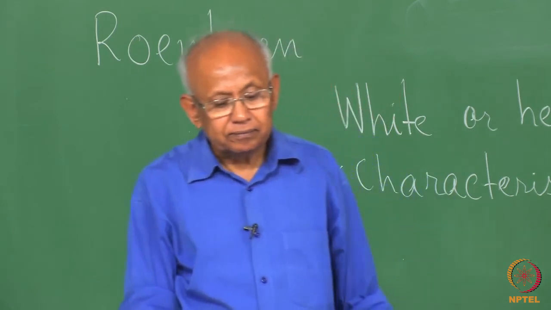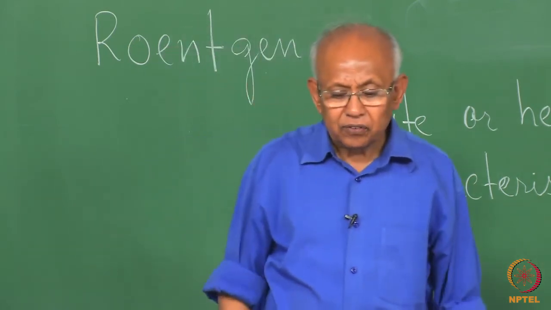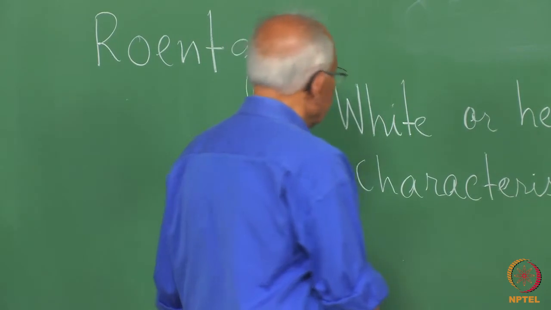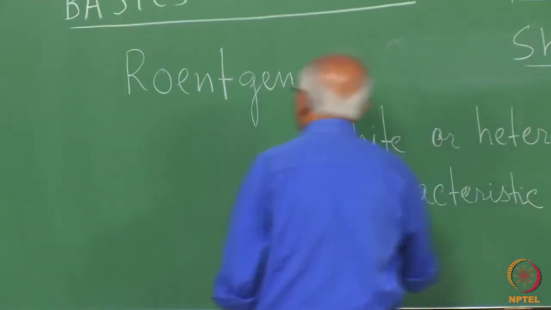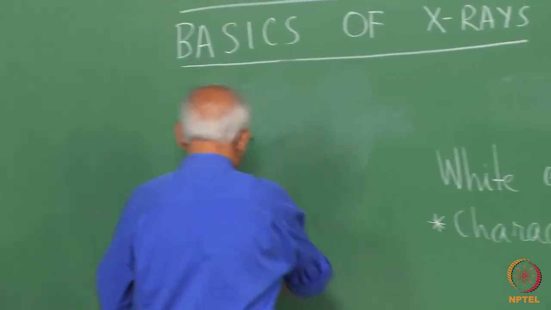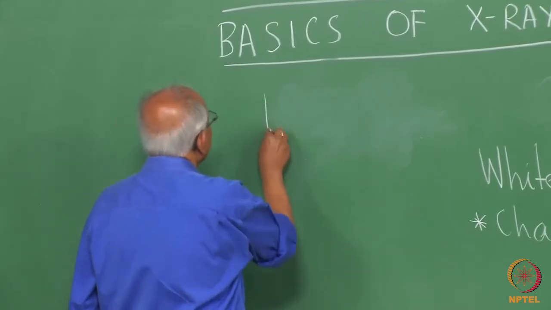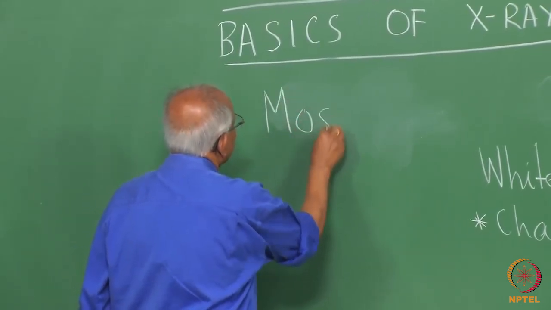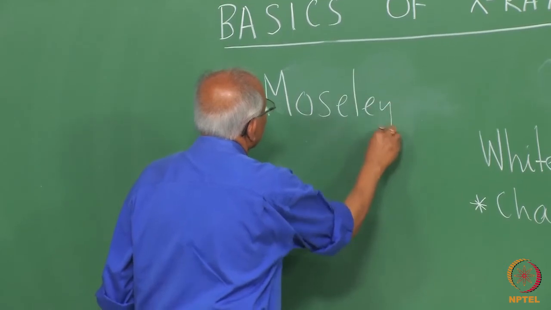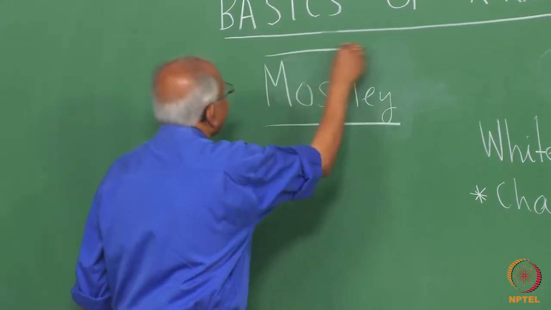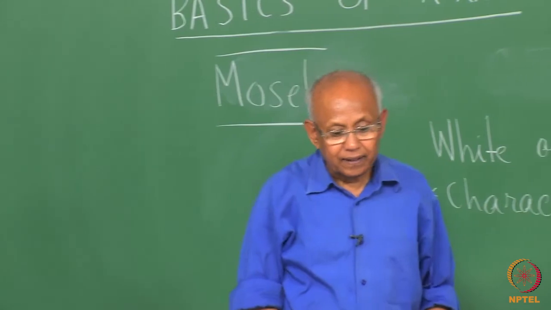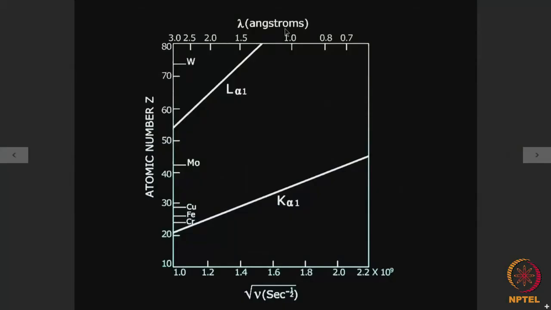Now, it was Moseley who found out a relationship between the wavelength of X-rays and root nu, the frequency of the waves, for different characteristic radiations.